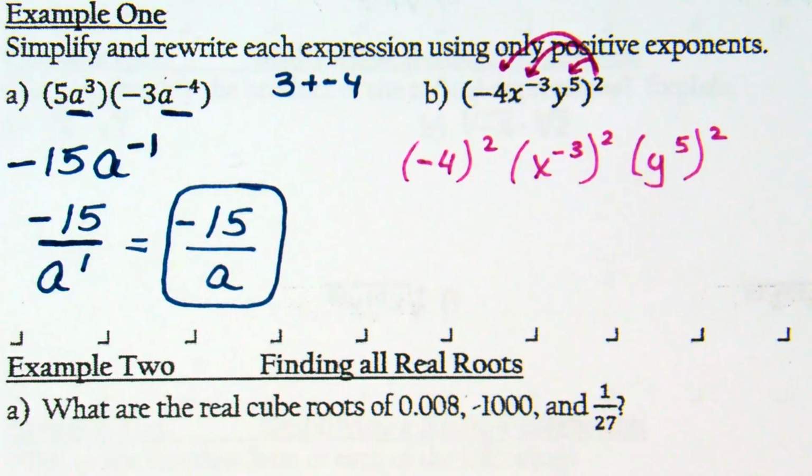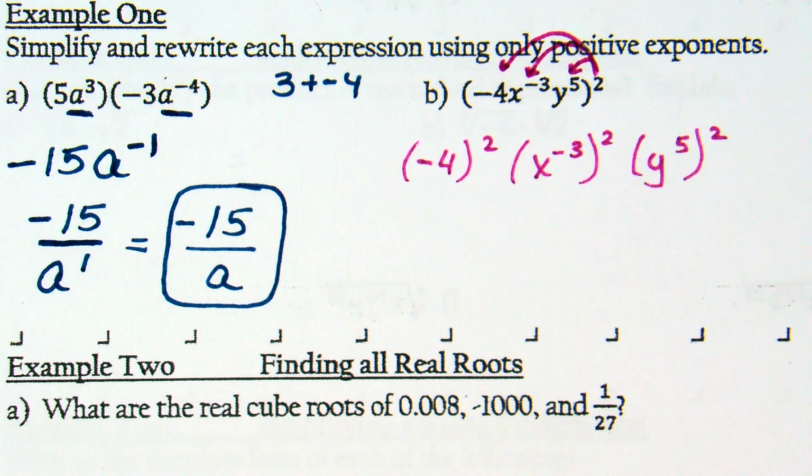Now, what happens when you do negative 4 raised to the second? Negative 4 times negative 4, which is 16. Now, please remember, if you do negative 4 raised to the second on your calculator without parentheses, it's probably going to tell you negative 16. But what do we know anytime we raise a negative to an even power?